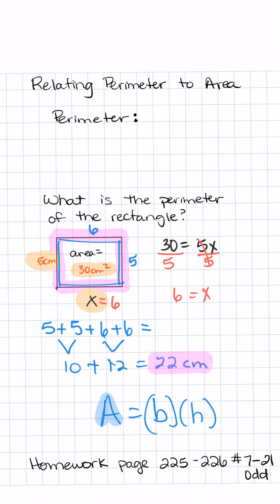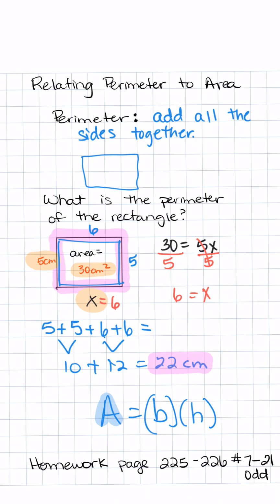So perimeter is when you add all the sides together. Think of it as like building a fence around something. It's not trying to find the area inside. You just want to know what's the outside, how much is on the outside. So that's the perimeter. Add all the sides together, and that equals the perimeter.